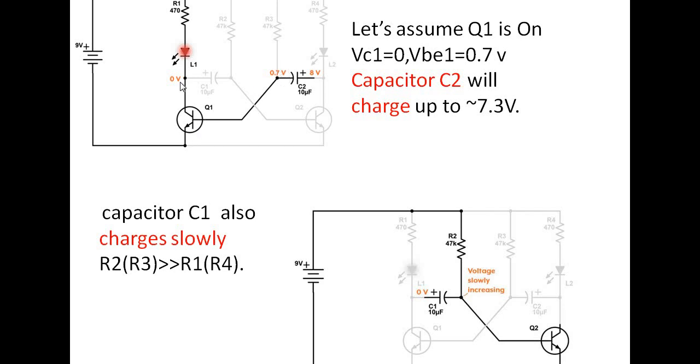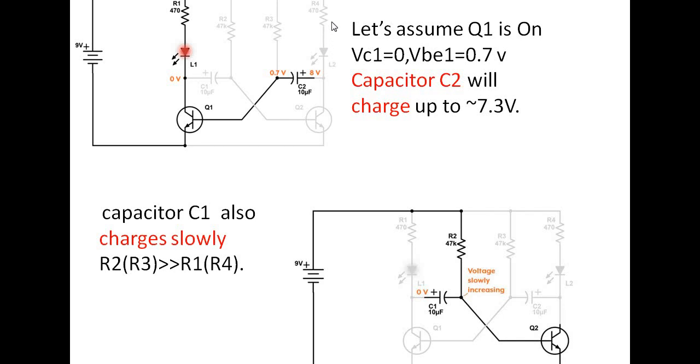If the output is 0, this LED's one end is connected to the ground and the other is connected to the supply through this resistor, so the LED will glow. This glowing of the LED indicates the transistor is in the saturation region, or in the on state, right? So if this transistor is on, obviously this transistor Q2 will be off. If Q2 is off, current is approximately 0, right?